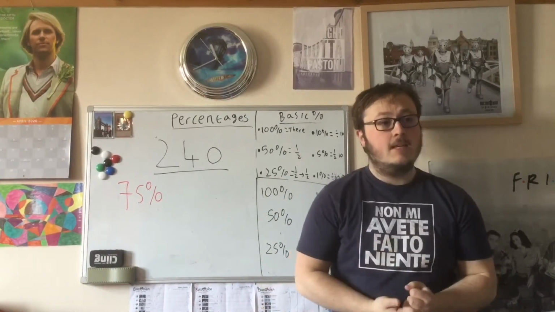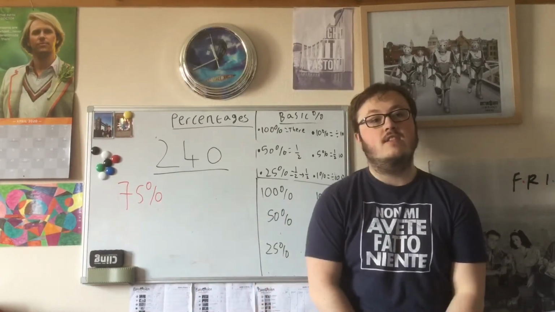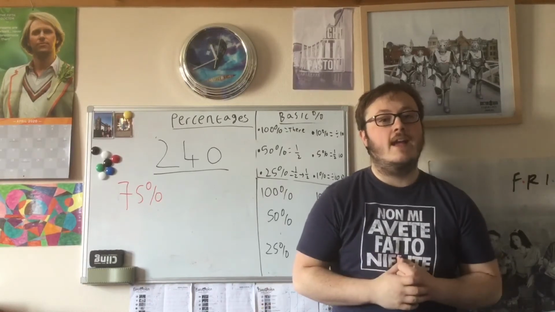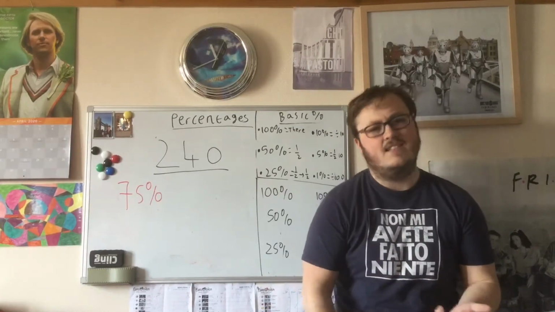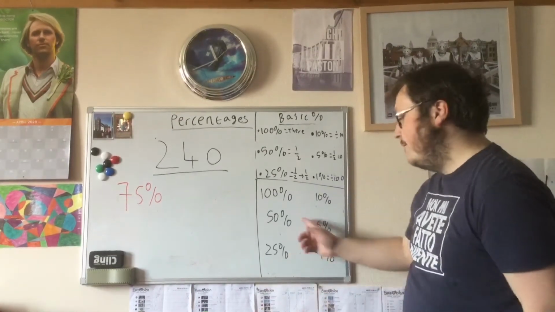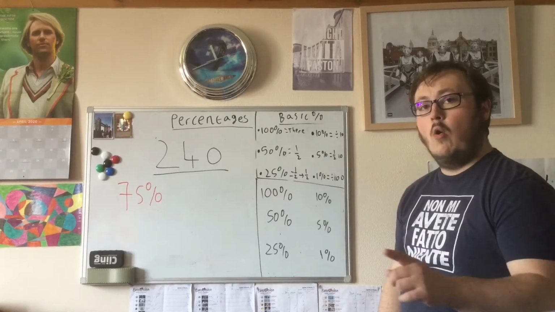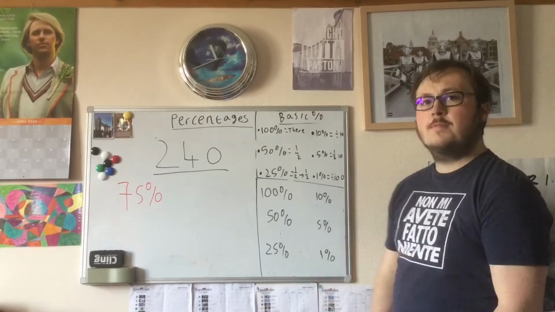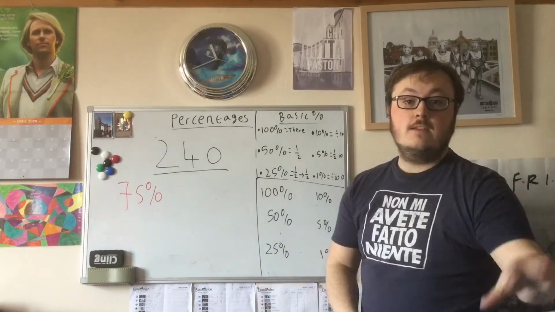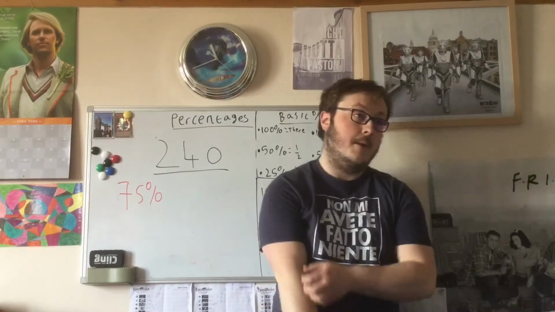So what basic percentages could we use to find 75%? Well, there's two different ways that I choose, and they're the easiest in my opinion. We could either do 50% add 25%, or 25% times by 3, because 25 add 25 add 25 will get us 75%.